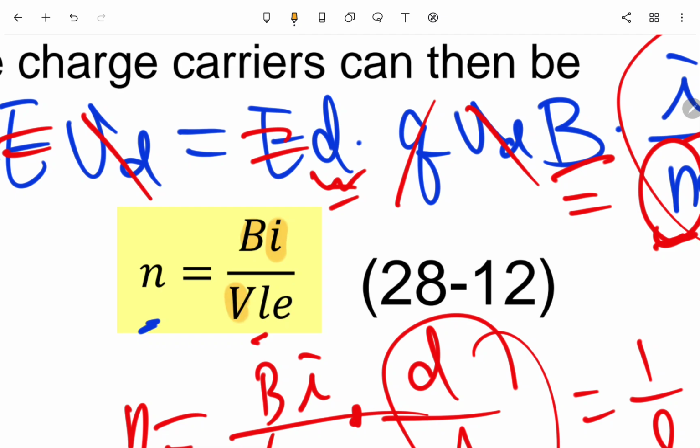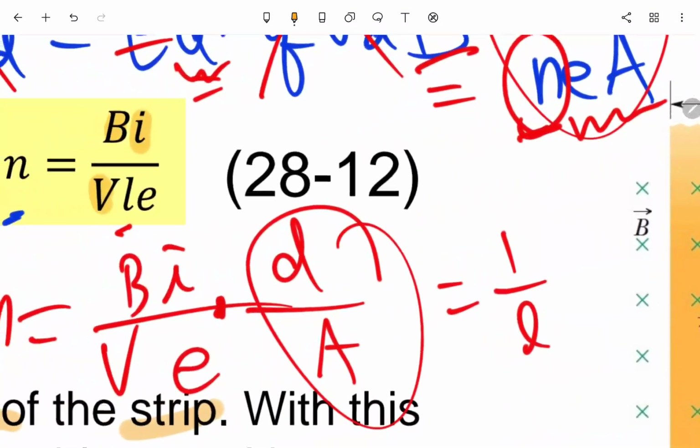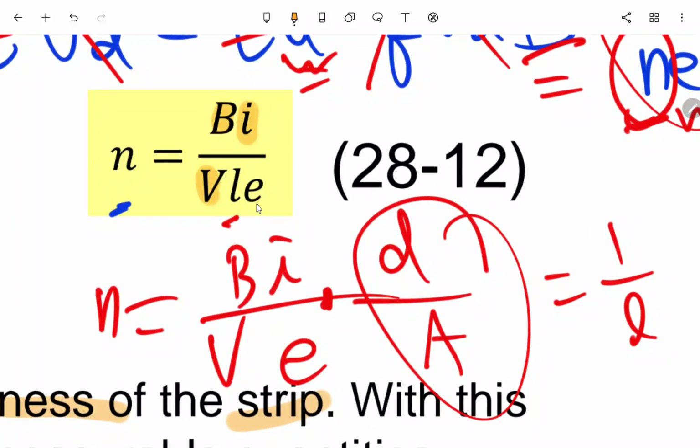V is the Hall effect potential, which can be measured using a voltmeter from the left side to the right side. L is the thickness, which we also know. And finally E is the elementary charge.